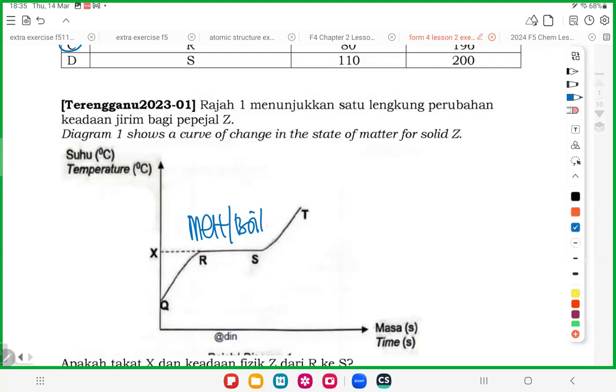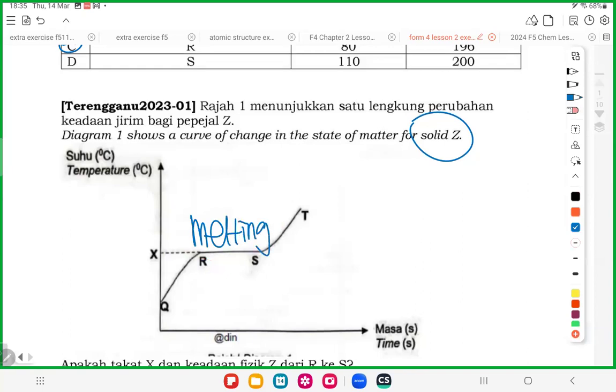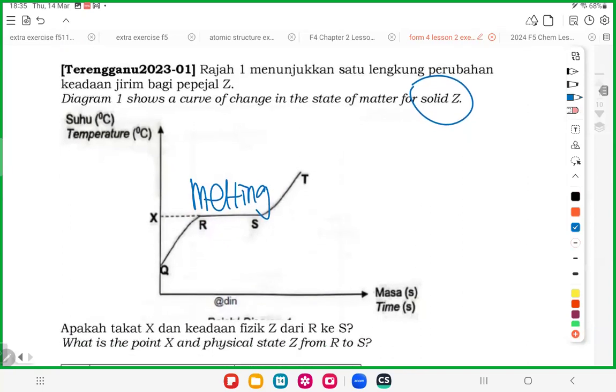Melting. Why? Solid, right? That's why I told you, when you only have one staircase, you must read the question carefully so that you understand whether you started with a solid or a liquid. Now in this question, we start with a solid, so it's melting. I know already this process is a melting process. They ask what is point X and what is the physical state.